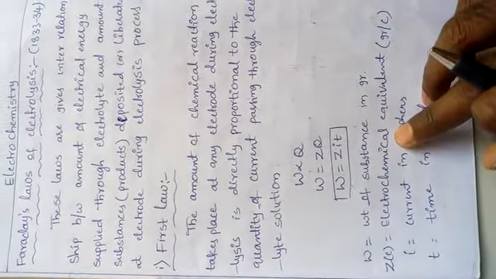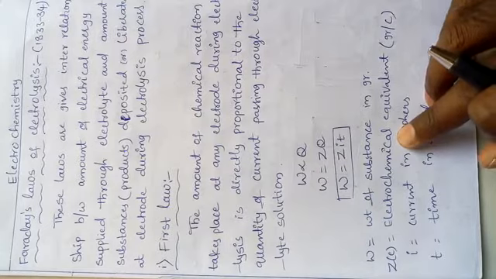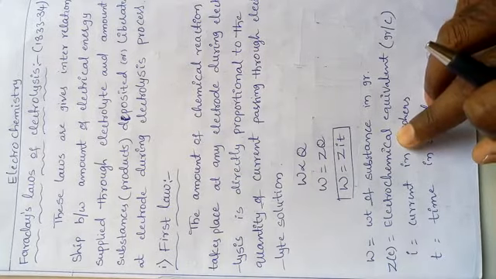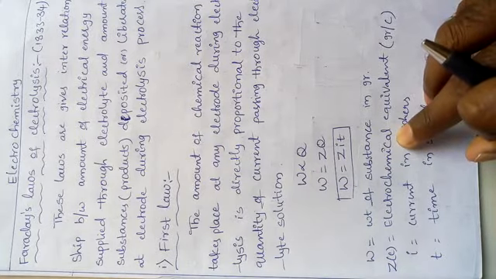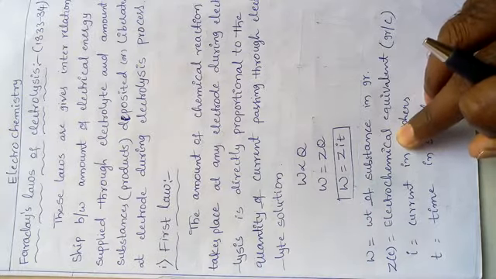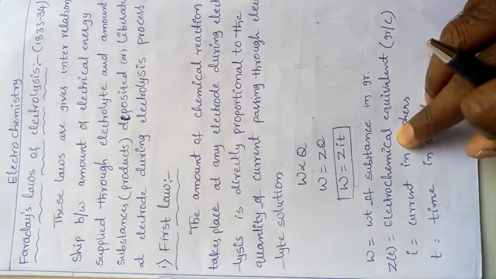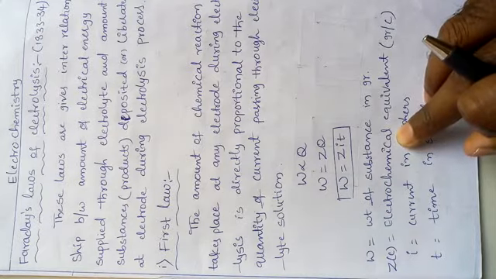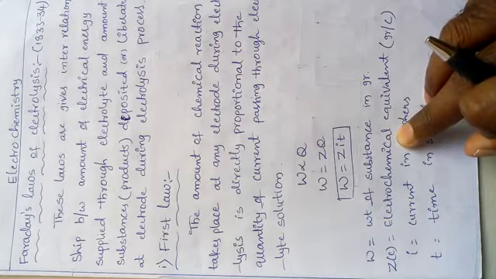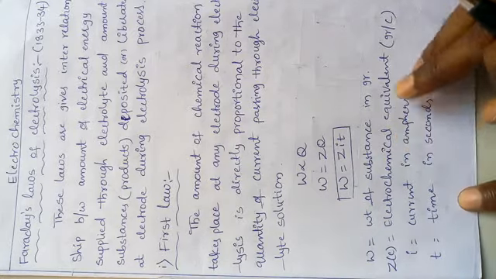What is the statement of the first law? Simply, during electrolysis, the deposited amount of product at the electrode is directly proportional to the current. If current is more, the deposited amount of product is also more. If current is less, the deposited amount is also less. This is Faraday's first law.